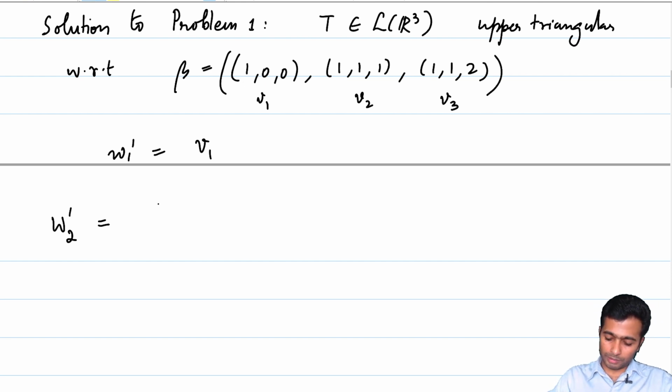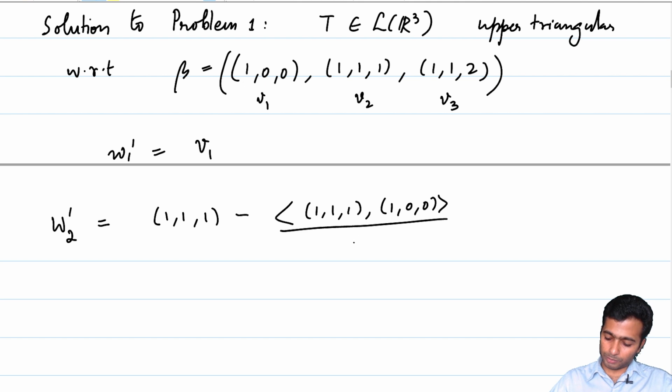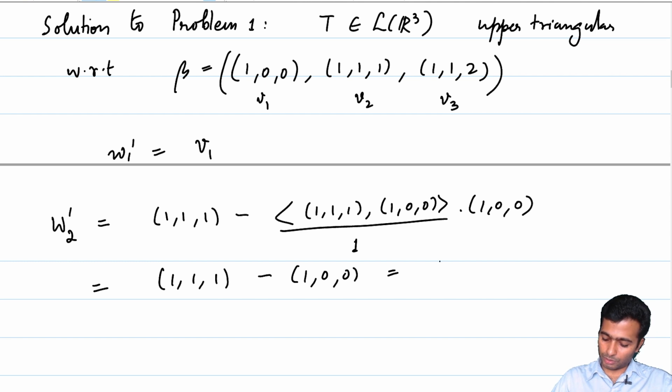Let's calculate W2 prime. That's going to be 1, 1, 1, which is V2, minus the inner product of V2 with W1 prime by the length of W1 prime squared, which is 1, times W1 prime. And this is just 1, 1, 1 minus 1, 0, 0, which is equal to 0, 1, 1.